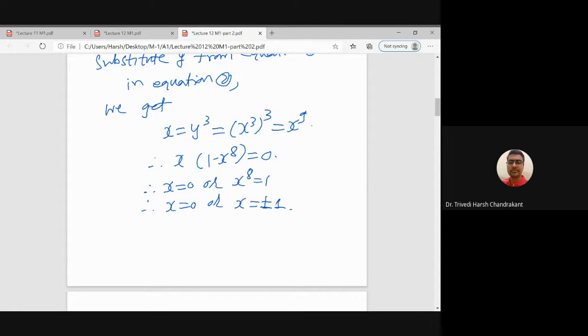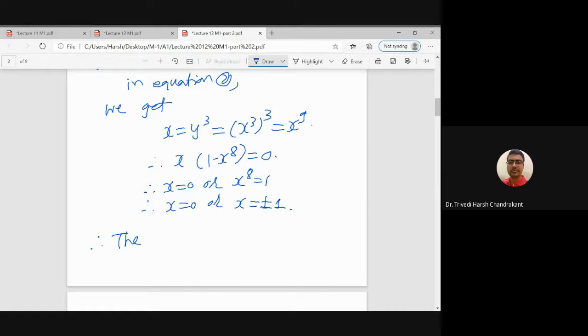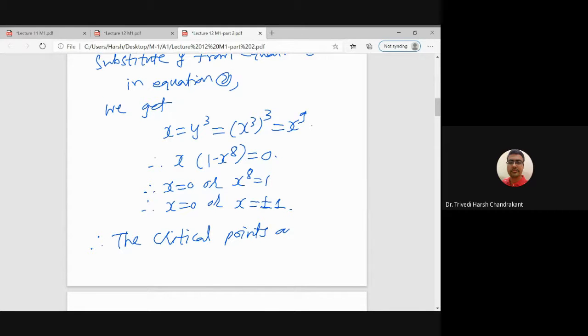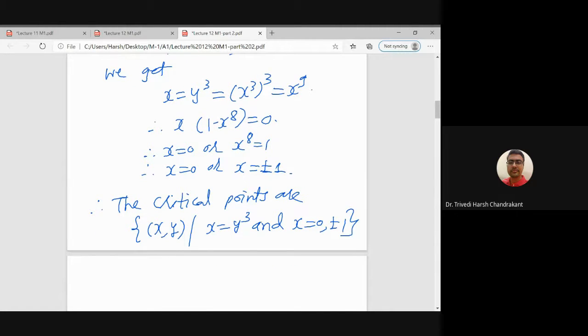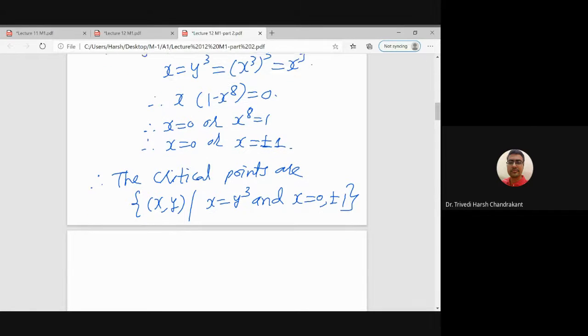So what are the critical points? The critical points are (x, y) such that x equals y cube, and the value of x is 0, plus or minus 1. x equals y cube means x and y have the same sign: if y is positive, x is positive.